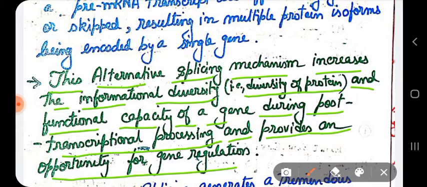So with the help of this alternative splicing process, we increase the different types of proteins encoded by that same gene. We make different isoforms of protein, and it also provides an opportunity for gene regulation. By this technique we can also regulate a particular gene.